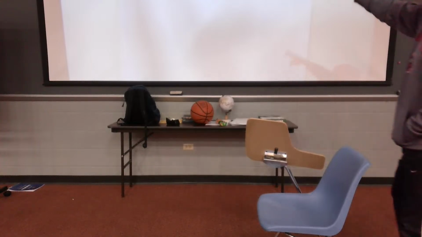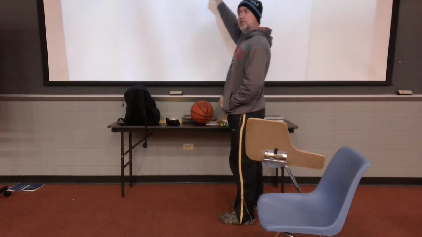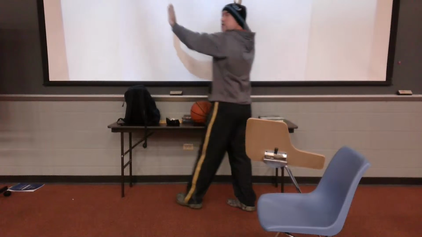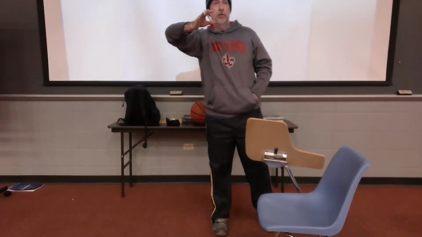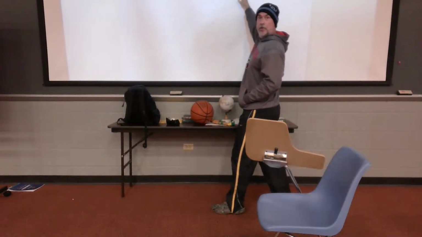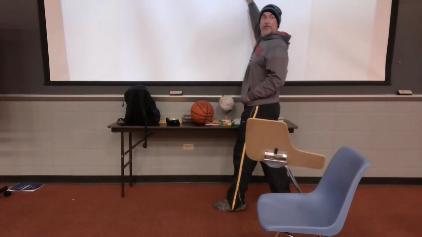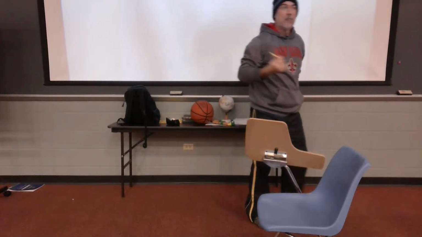Sure, it's still 10 feet from there to there. The hypotenuse is still 10 feet, but I could say, well, how tall is the basketball goal now? How high is the basketball goal now? And thus, how long is the basketball goal? Well, I know it got shorter in the X, but it got taller in the Y. True?